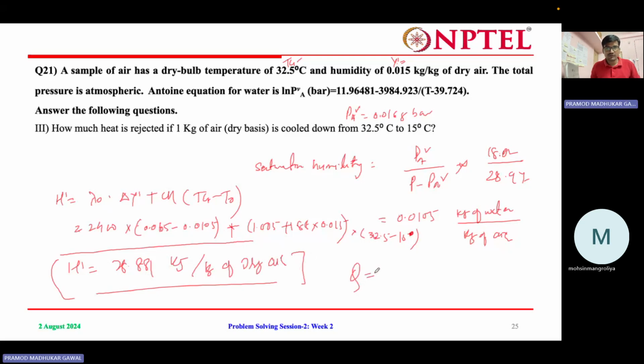H equal to, but we have to know the flow rate, like m air into, so you have to know the m air. No, we don't, this concept we are not using here. This is clear or not?